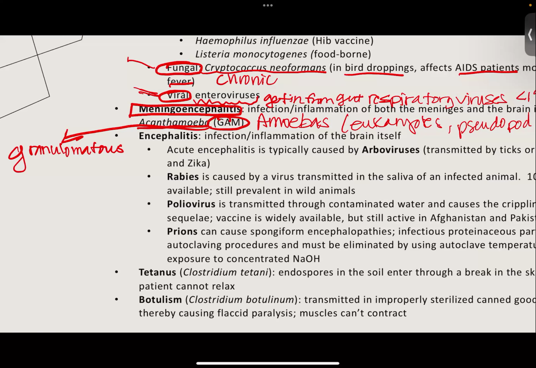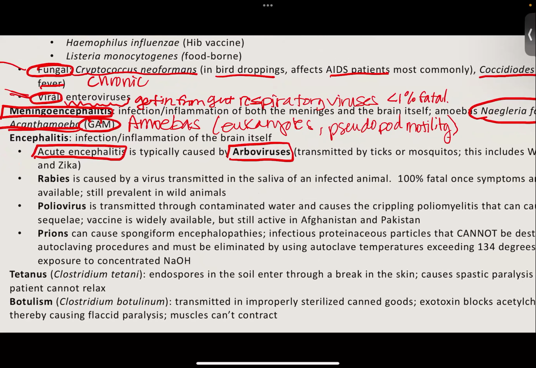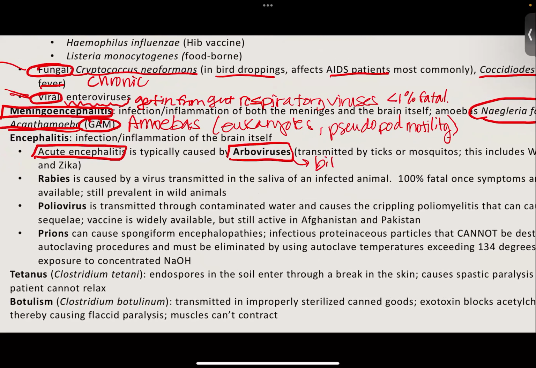So we have acute encephalitis, which is typically going to be caused by arboviruses, which are transmitted by biting insects. This includes things like West Nile virus.